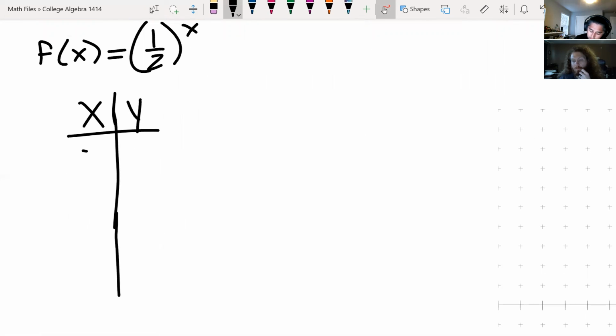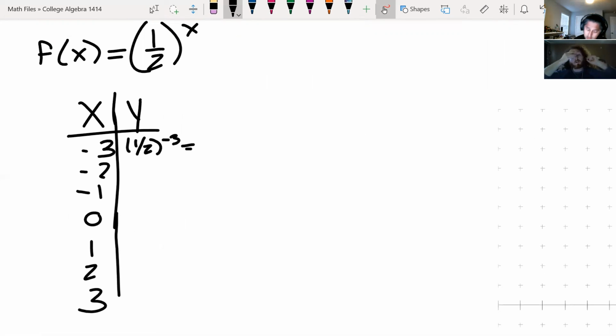And pick my values: -3, -2, -1, 0, 1, 2, 3. Plug these into the function above, and you'll get 1/2 to the -3, which, if you remember our negative exponent rules, I can flip the fraction inside, and this will become 2 to the 3rd, which gives me 8.